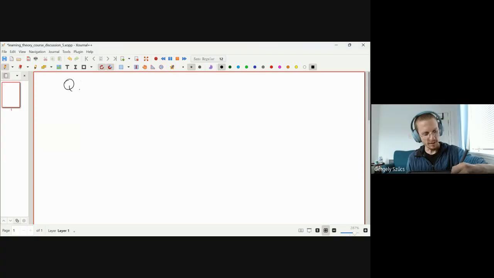just a very concrete example of a hypothesis class. I should say this is a classification problem, so the labels are just 0 and 1, and the domain set was R2, the plane.